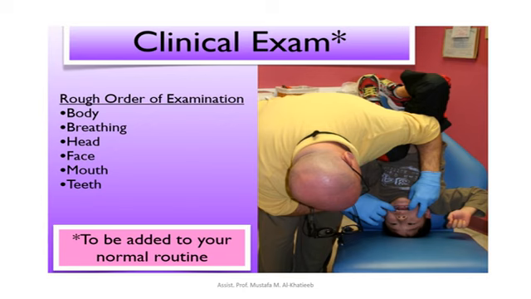Always, during clinical examination, we should do the body examination, breathing, head, face, mouth, and teeth, to be added to your normal routine. And we should follow the child, and the child needs a special maneuver with him in order to gain his cooperation during the course of orthodontic treatment.